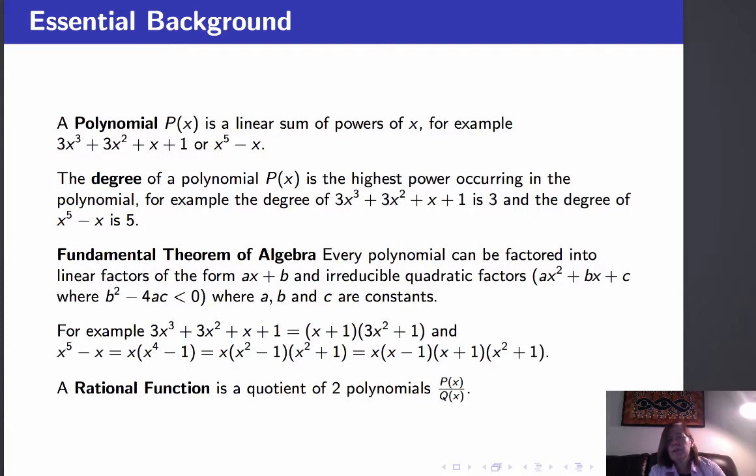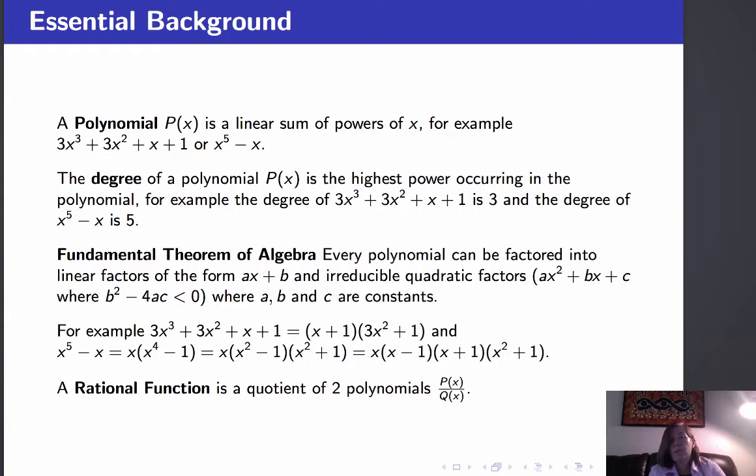The fundamental theorem of algebra says that every polynomial can be factored into either linear factors of the form ax plus b, where a and b are real numbers, or irreducible quadratic factors of the form ax squared plus bx plus c, where a, b, and c are real, and b squared minus 4ac is less than 0.